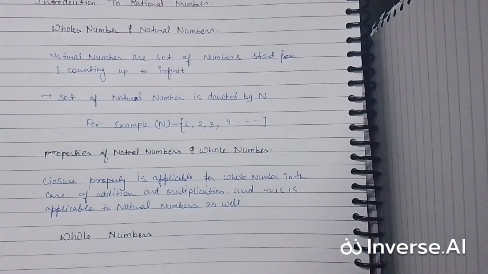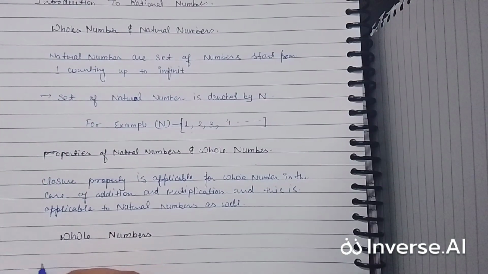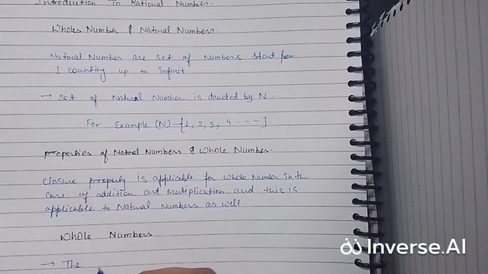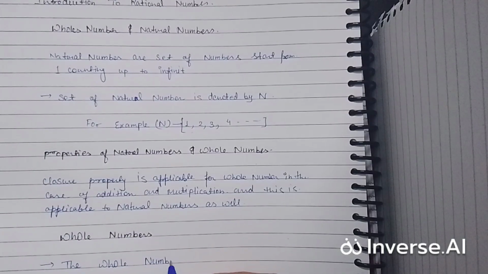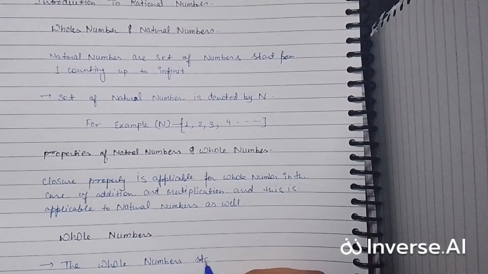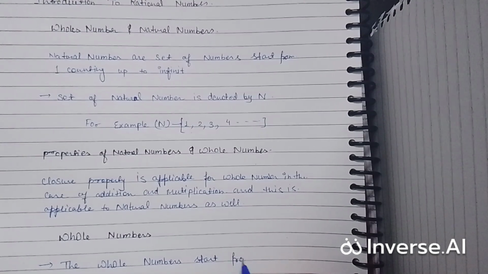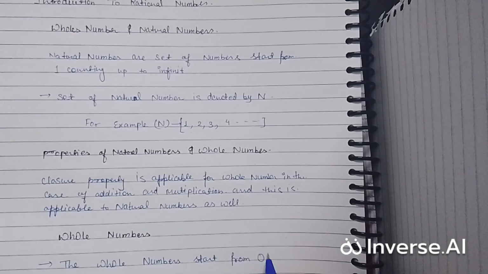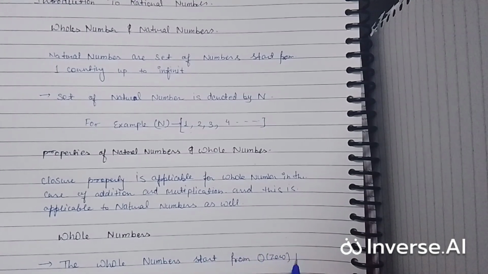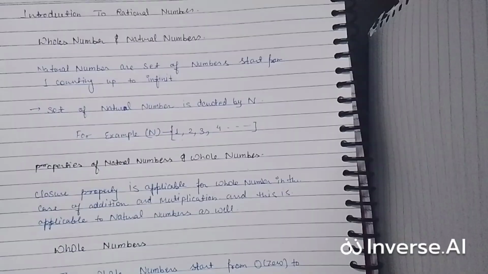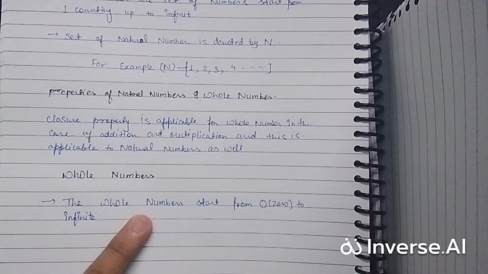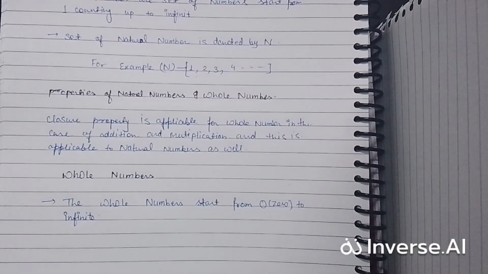In natural numbers, the numbers start from 1, and in whole numbers, they start from 0 to infinity.